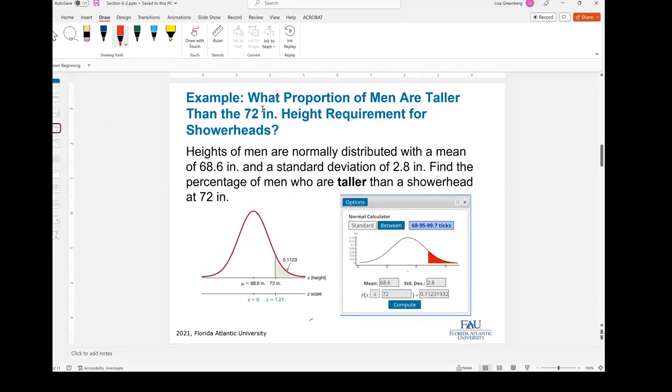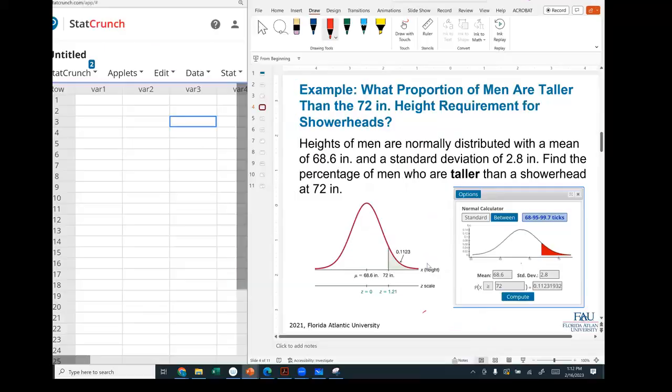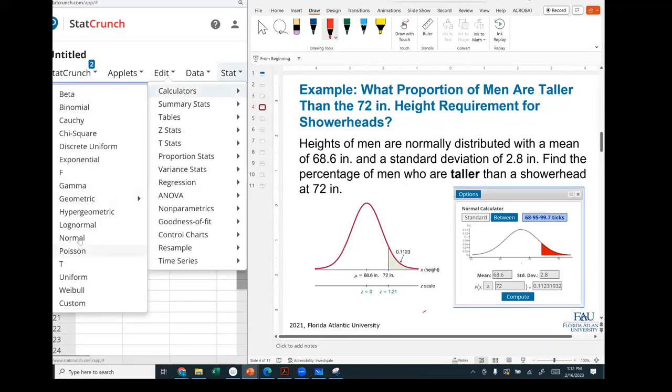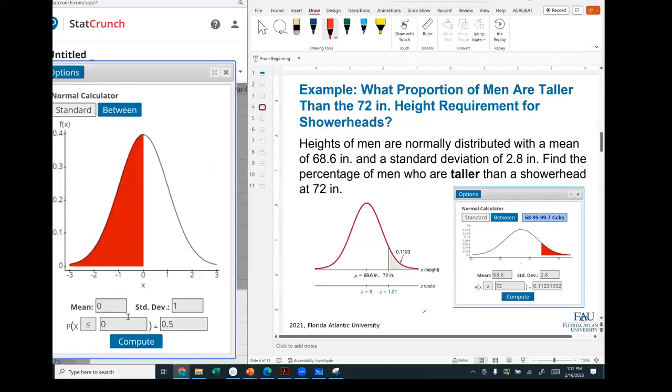So it says here, what proportion of men are taller than the 72-inch height requirement for shower heads? Heights of men are normally distributed with a mean of, so let's use our StatCrunch. So I have Stat, Calculators, Normal. And in here, it just comes up with mean is 0 and standard deviation is 1.